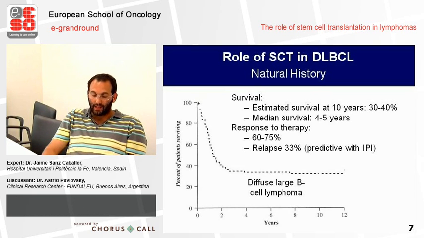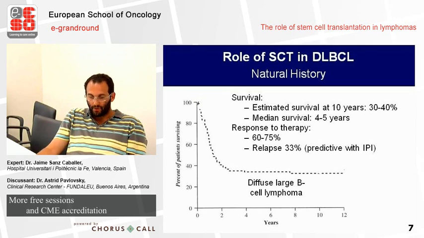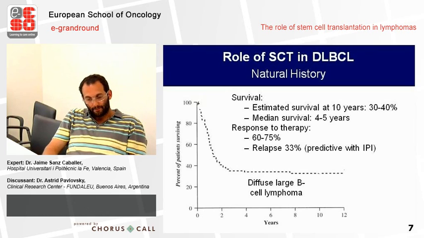It is a highly chemosensitive disease, with response to therapy of around 60 to 75%, but relapses are common, at around 33%. The International Prognostic Index can predict the risk of relapse. Slide number 8.